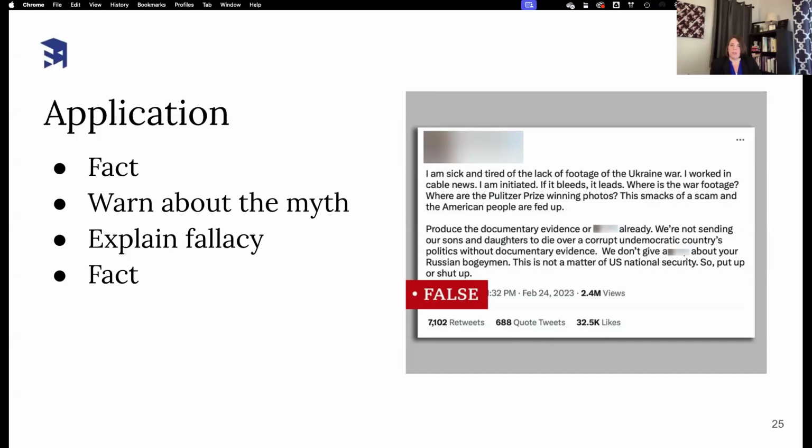There's evidence from government agencies around the world that confirm the war is real. And then remember, Lewandowsky says you end with a fact, the fact being the war in Ukraine is very real. So you can see where this would be a helpful tool when communicating online, because it gives you a chance to think about what you want to write.